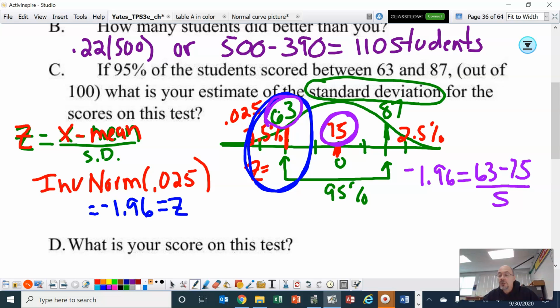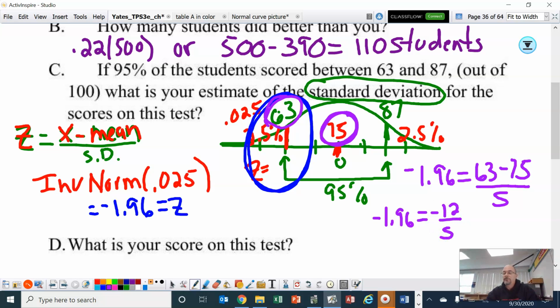Okay, right now I'm just going to use S as my standard deviation, because remember that is for a sample standard deviation. Okay, I'm going to use my algebra now to find this answer. So I've got negative 1.96 equals, all right, 63 minus 75, I believe that is negative 12, right? Okay, I'm going to solve for S.